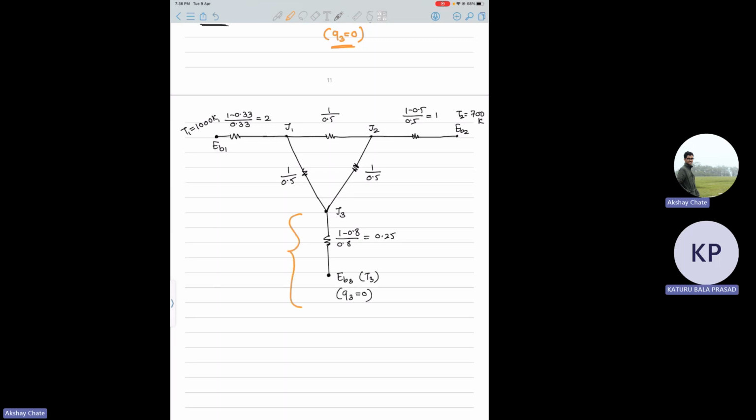Sir, one more doubt. Because of insulation, you are physically saying that Q3 equal to 0 for the third surface. But what about the two surfaces, sir, 1 and 2? There may be a chance of heat transfer outside also. No, this is enclosed.